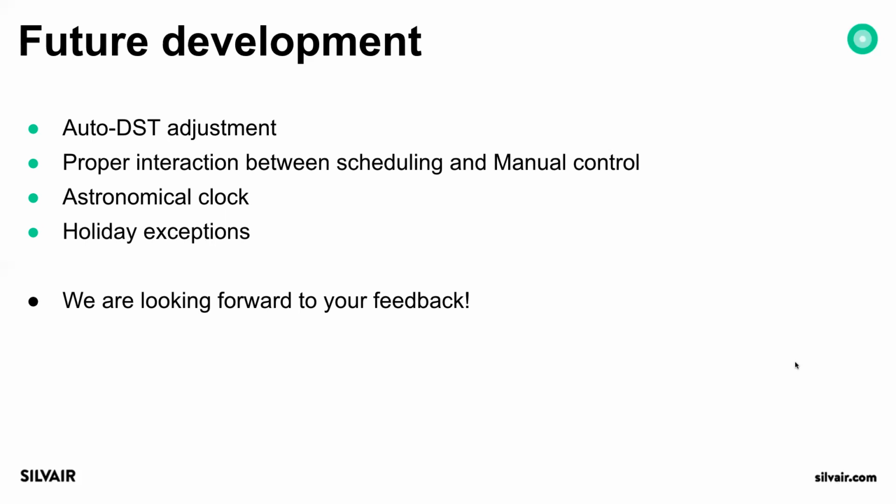We want to adjust the interaction between the scheduling and manual control, so adjust the control hierarchy here, so that even if the manual control would override the scheduling, scheduling would not override manual control, or it would override, but just after some defined time, or when the zone is vacant.